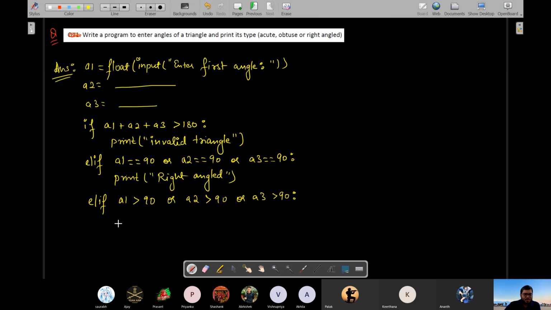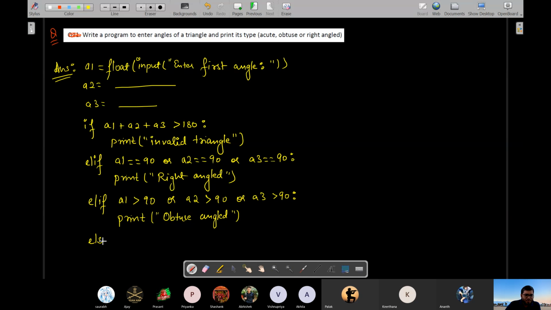then what you will print? Obtuse angle triangle. And if it is a valid triangle and at the same time it is neither a right angle triangle nor an obtuse angle triangle, then what is the only possibility remaining?